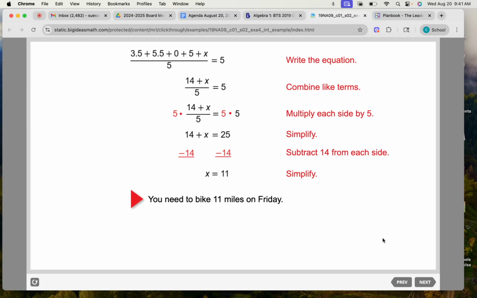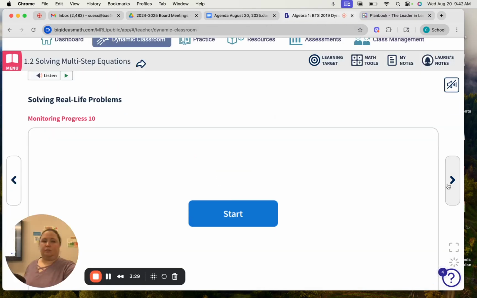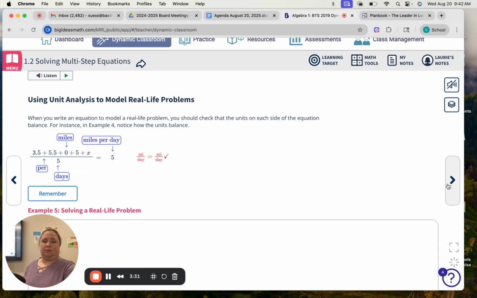So we're going to do the last example real quick, guys. Good? All right. Don't forget to do monitoring progress 10 as homework.